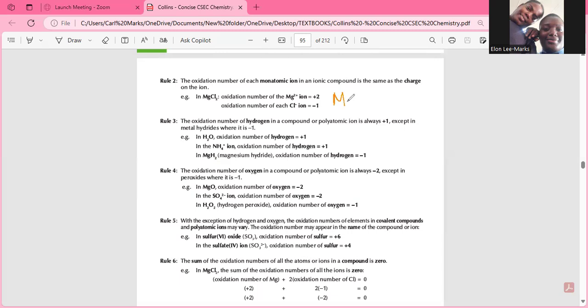What's the charge on the ion? Nikki, please give me the magnesium ion. Am I the only one in this group? What is it? The charge of the magnesium ion? 2 plus, right?